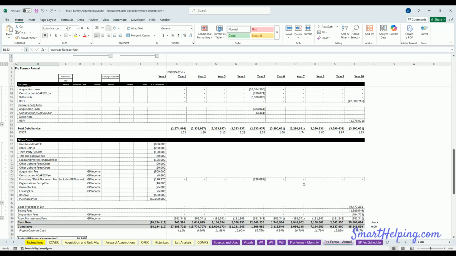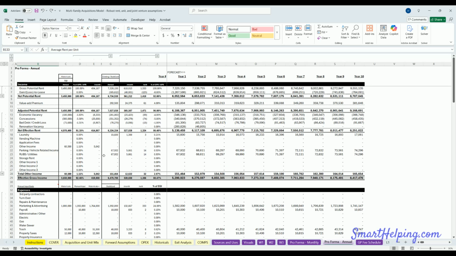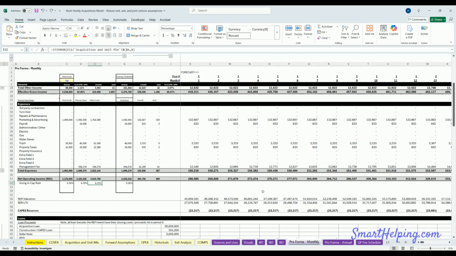And there's also things that you can't really put in a spreadsheet, like the level of risk of occupancy in the area, all those different things. But it's good to have a great sense of the numbers for sure. So that's what we got here.